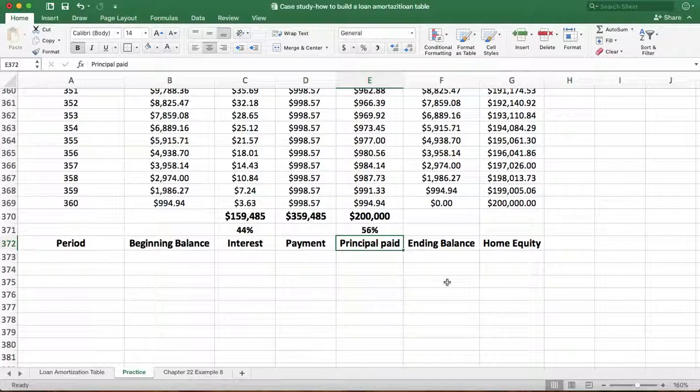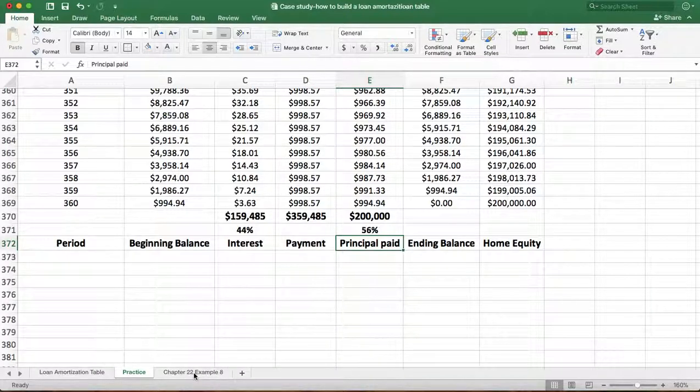So the sooner you pay off your loan, the better. Otherwise, more and more of your money goes to interest.